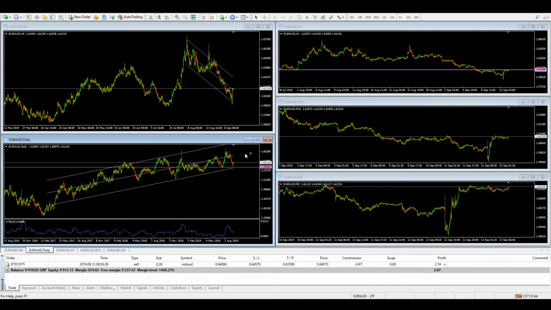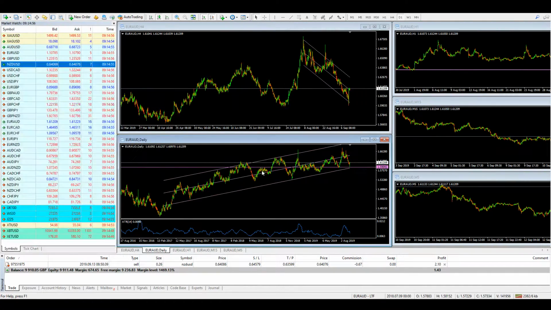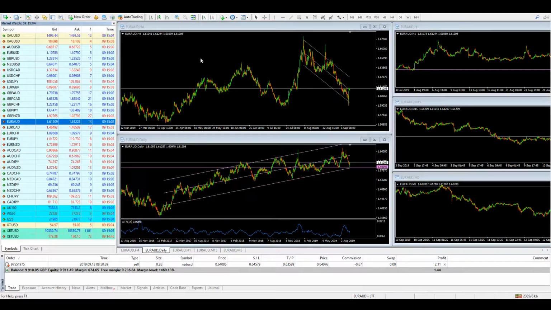It's quite choppy, but if you're in this for a longer term period, then yeah, to the long side this has some potential. You just need to pay attention to what the swaps are, because you may be holding this for a longer period of time, which has an impact on your profitability. And wow, the swaps on this with my broker are quite hefty to the long side.